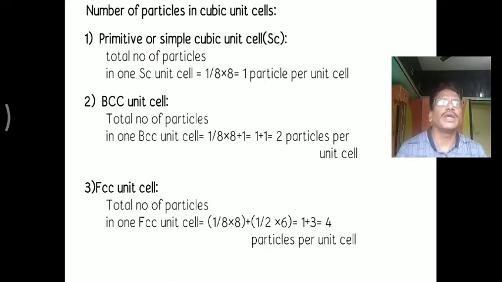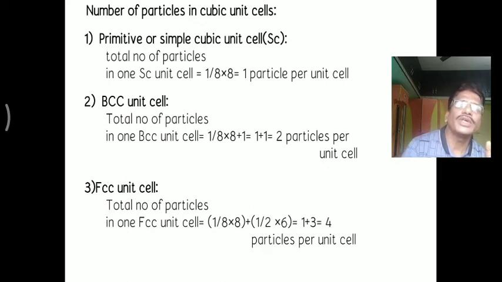So how is it calculated? If you consider the first bracket, 1/8 into 8, we studied it earlier in BCC as well as in simple cubic. How is that ratio obtained? 1 particle at each corner is shared between the 8 neighboring unit cells, so that is 1/8 into 8.